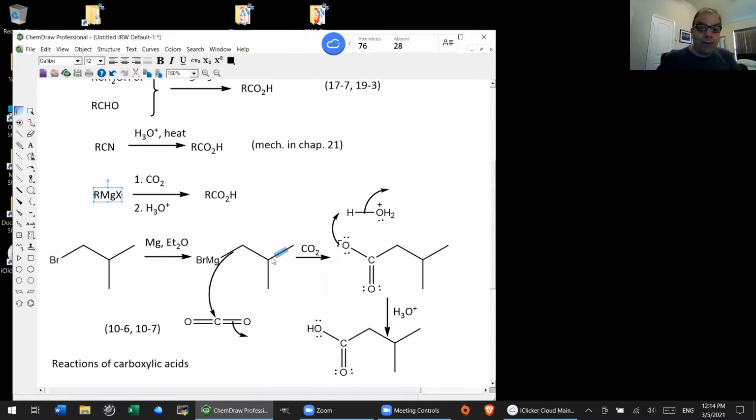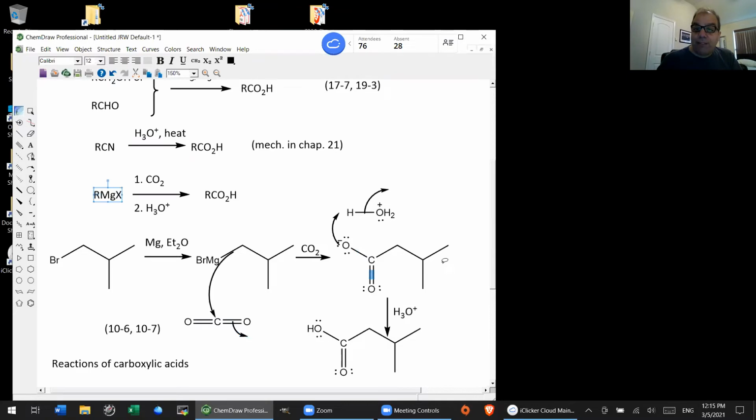Once you have that Grignard reagent, whether you make it or are given it, then you add the CO2, and we're familiar with that reaction. The electrons in the carbon-metal bond, whether magnesium or lithium, are going to stay attached to the carbon, right? It's going to react like a carbanion, and that will attack the central carbon of CO2, just like it would attack an aldehyde or ketone. And as you'll see, you'll get the carboxylate ion.